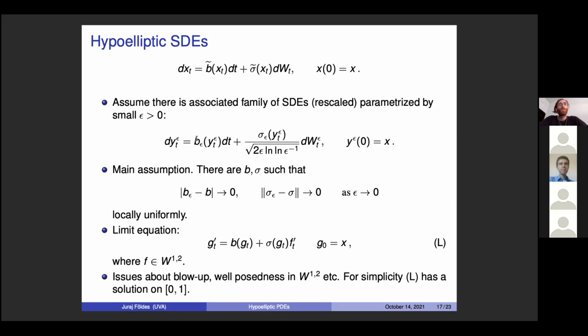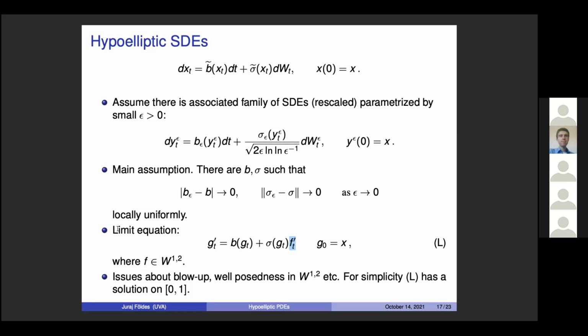Our main assumption is that our coefficients, as the rescaling goes to 0, converge to some b and sigma, not necessarily the same as the original ones. That's definitely not the same. So this converges to b, this converges to some sigma, and we are hoping that this Brownian motion converges to some W^{1,2} function. That's what we are getting in the limit.